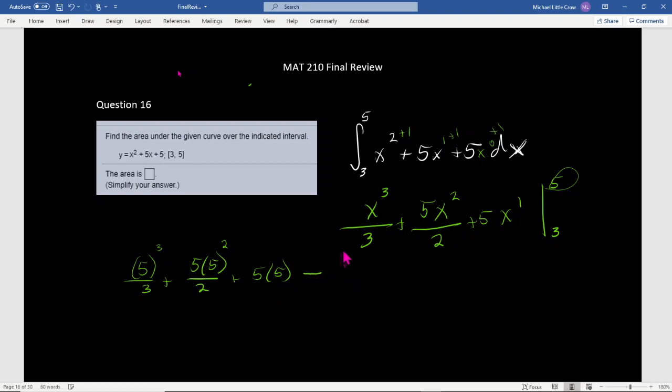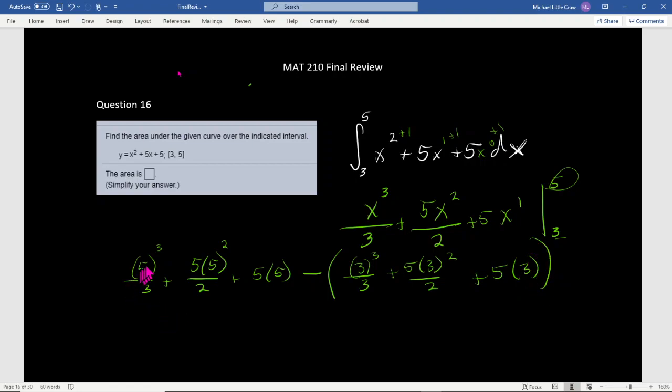We're going to subtract the whole back end. So I like to just put this, and then I don't have to worry about signs. You could make them each negative. Again, it's just a preference. So then we get 3 to the third over 3 plus 5, 3 squared over 2 plus 5 times 3.